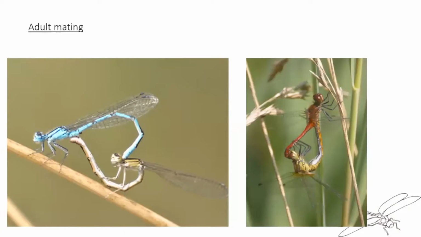We've obviously got, you should all recognise now, a damselfly on the left, a dragonfly on the right. Damselfly, wings along the length of the body. Dragonfly, wings out at 90 degrees, or that sort of area. Now this is where it gets interesting.